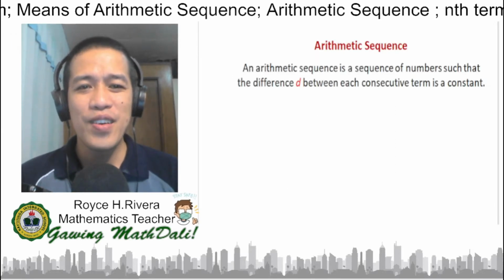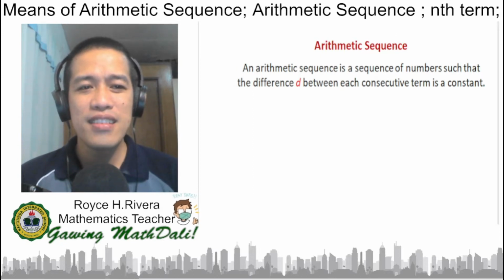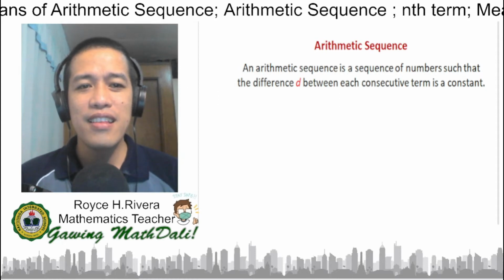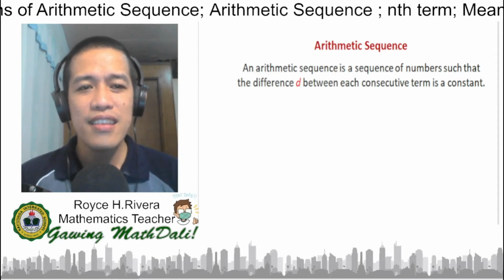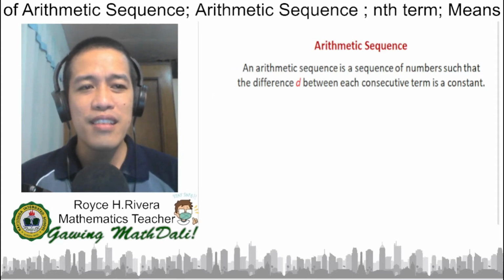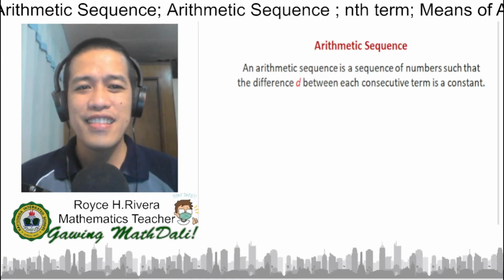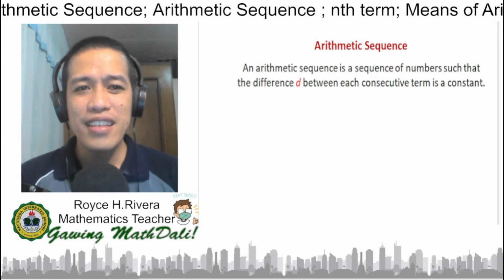By definition, an arithmetic sequence is a sequence of numbers such that the difference d between each consecutive term is constant. Here is an example.